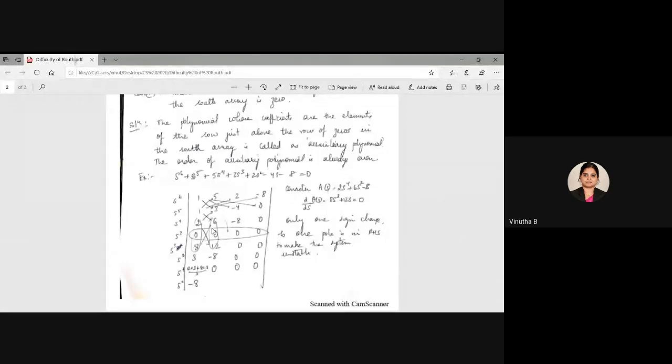Whether they are repeated or non-repeated, we can find out only via the auxiliary equation. But whenever you form the Routh table and get one row where all elements are 0, usually the poles will be present on the imaginary axis.